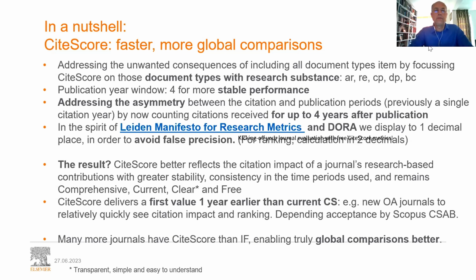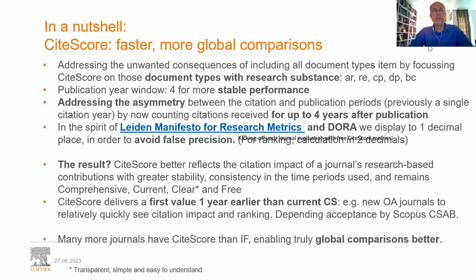It's an impression of the citation impact status of a journal, but don't make it too precise, because it really doesn't make sense. And DORA in general also refers to that, although it's more focused on the transparency aspect of metrics and the fact that you should never use one metric to assess a situation.